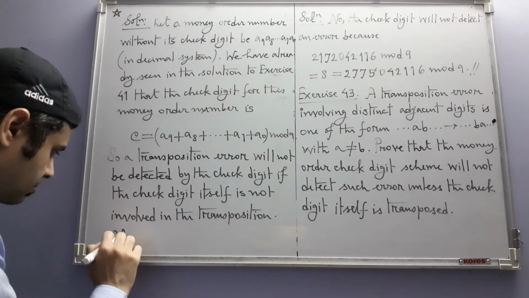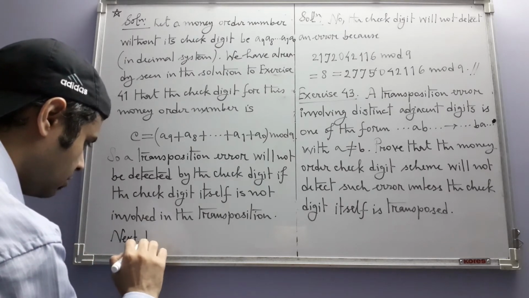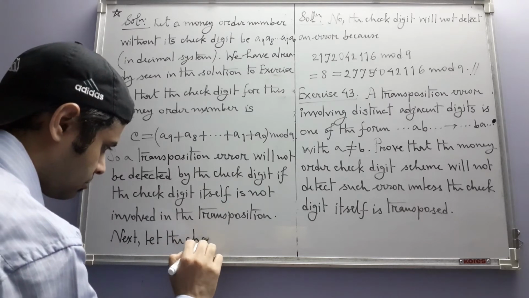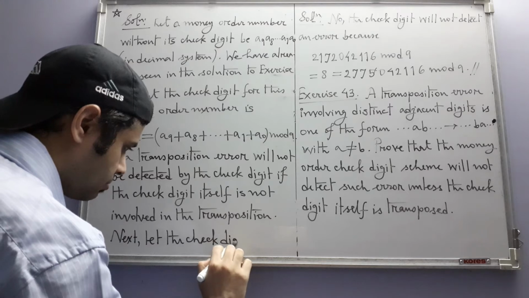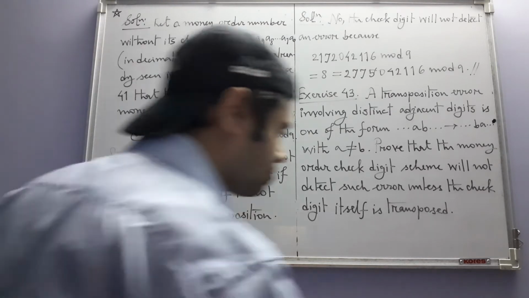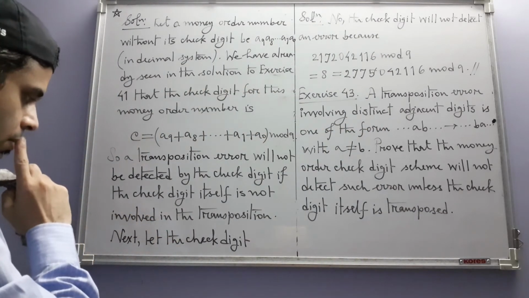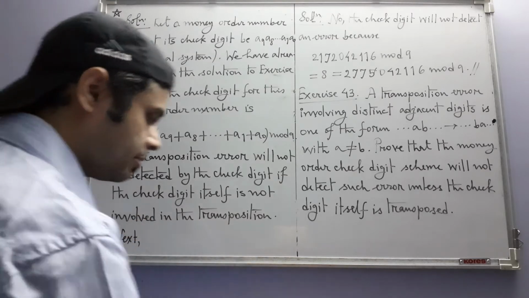Next, let the check digit be C. We have to assume distinctness also. Yes, we can start like that.